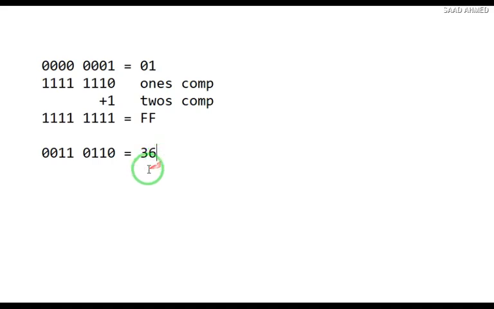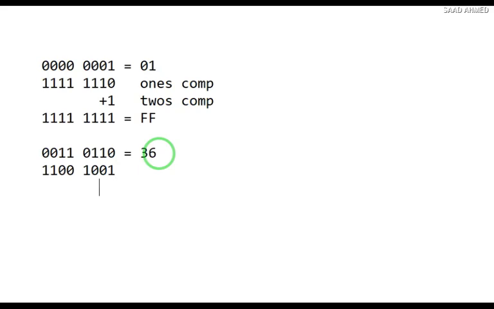Next, I want to take the 1's complement, and for that I will be inverting 0 into 1 and inverting 1 into 0. So wherever there is a 0, I'll put 1, and wherever there is 1, I'll put 0. This is the 1's complement.